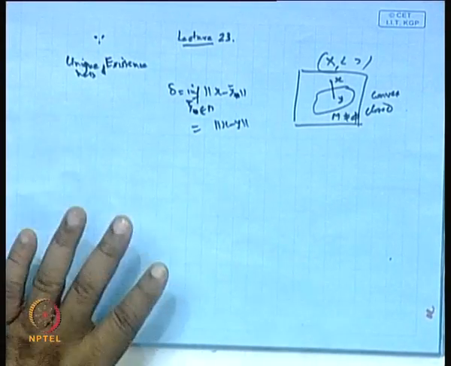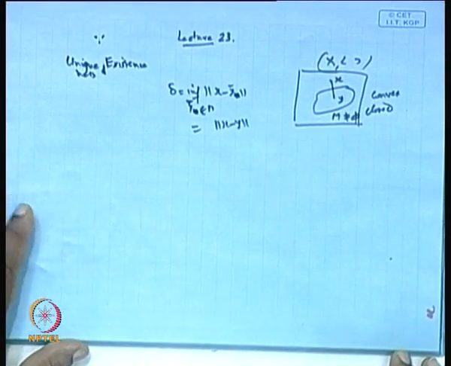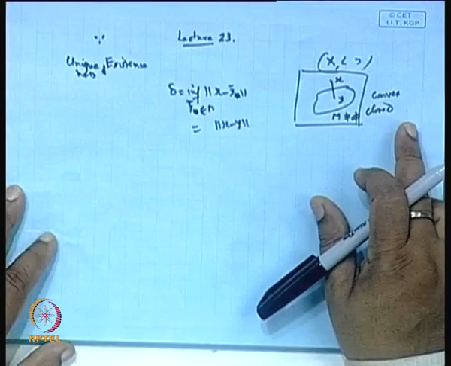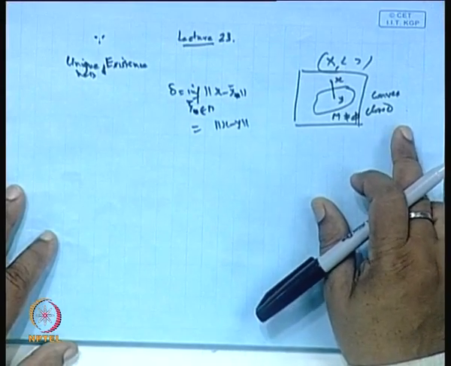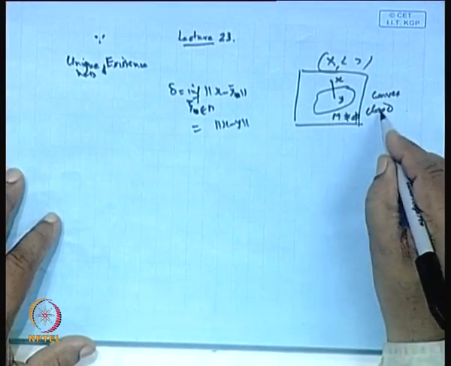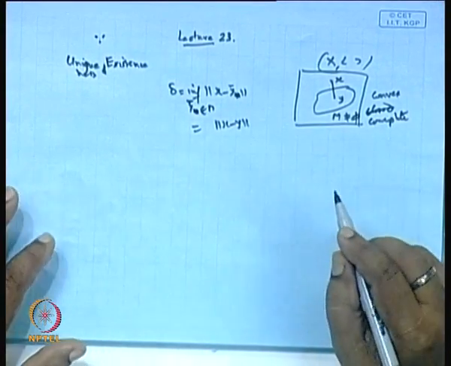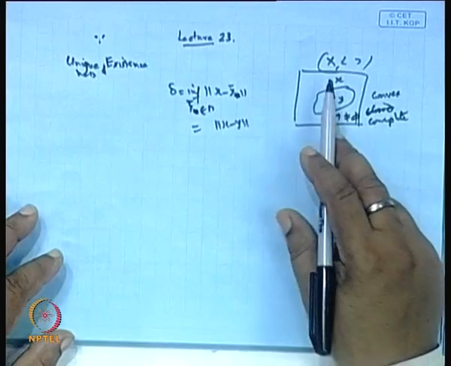So, this result we have seen when M is considered to be a non-empty convex closed subset, convex and complete, complete in the metric defined by the inner product.